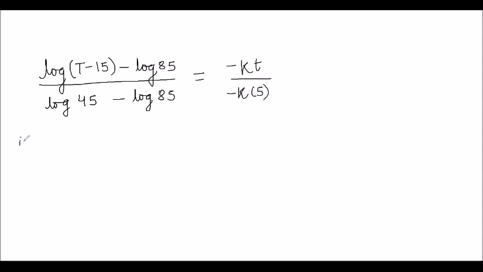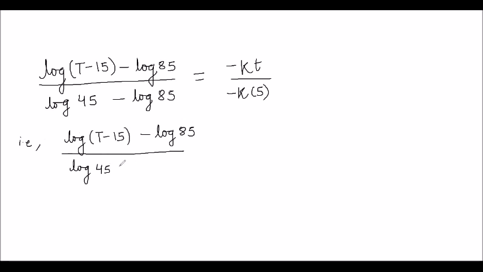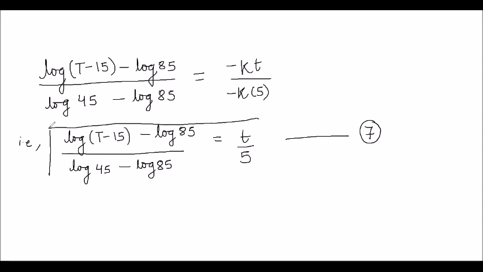That is, minus K and minus K will cancel out. It will be t upon 5. Let us name this as equation number 7, which gives the relation between the temperature of coffee and the time t.